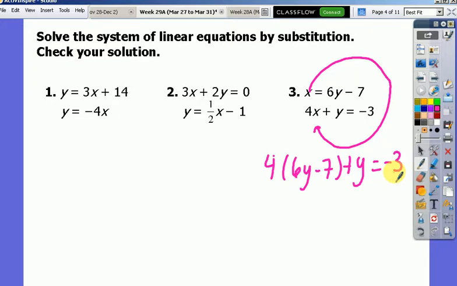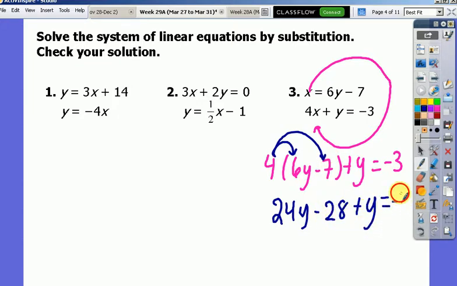Now what do I do? Now I distribute. I distribute 4. What do I get here? 24y. Okay. What do I get here? Negative 28 plus y equals negative 3.